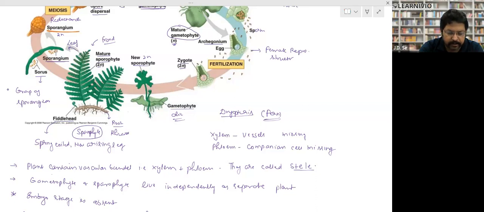So what is the group of sporangia called? Sorus. It is written over here. S-O-R-U-S, sorus. The group of sporangia is called sorus, and it is found at the lower surface of leaf.